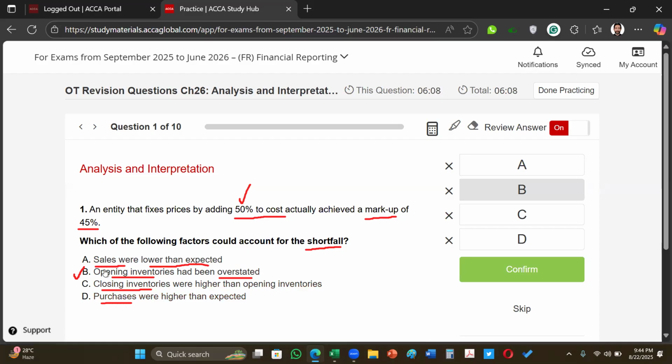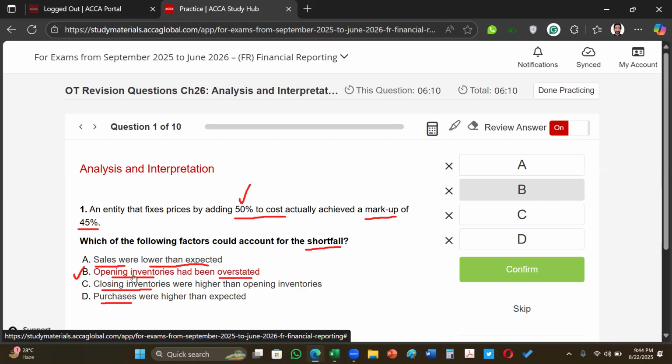But here in option B, we look at that the opening inventory is a higher figure. It is not because of the number of units in the opening inventory. It is due to an error that the opening inventory was written as a higher value than it should have been.